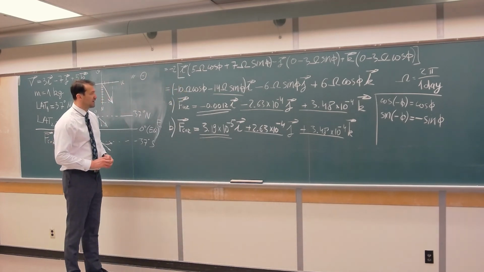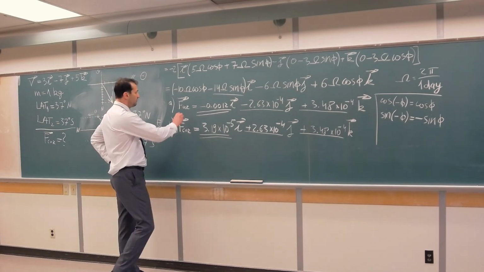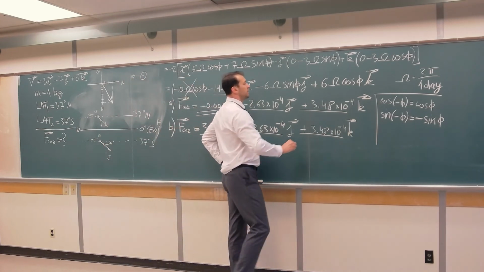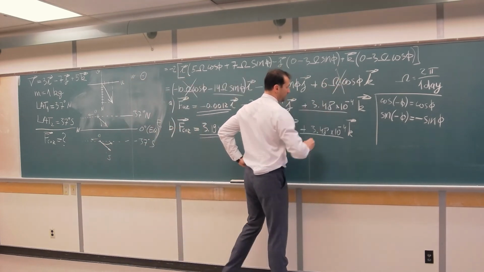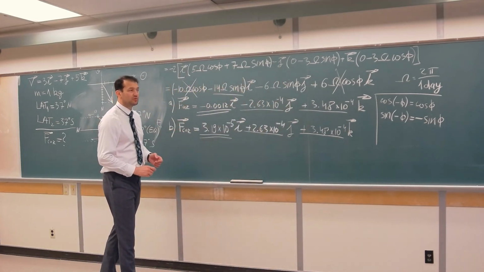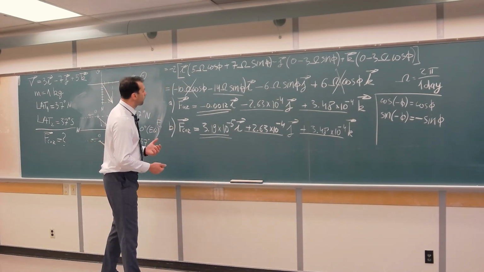Now, another thing that I would like to mention here is that in atmospheric sciences, more often than not, we neglect this term, and we also neglect this term. The reason, I talked about that in my video on traditional approximation, is the following.